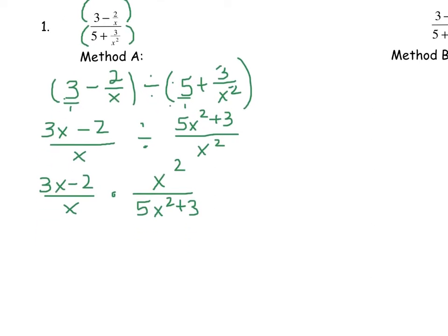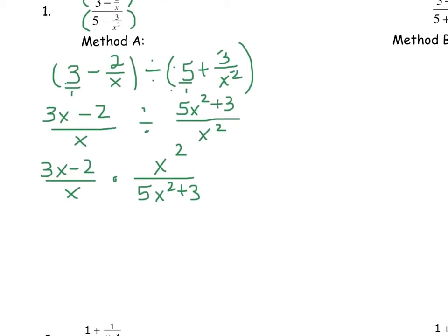And as we move up a little bit, I can see from what we've got here, I've got like factors here that I can reduce. I don't have any like factors here, and they're not going to break down, so I can do some reducing right in here, but I cannot do any reducing here.